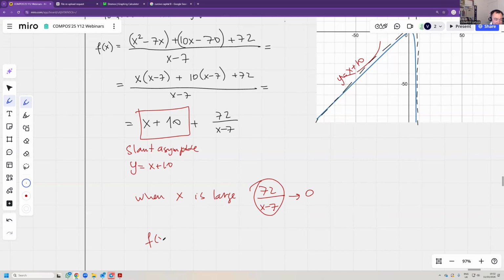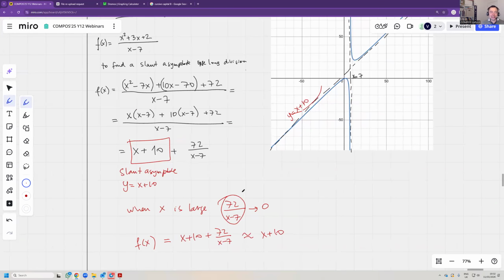So f of x, which is x plus 10 plus 72 over x minus 7, is approximately the same as x plus 10. That's why it's a slant asymptote. This is the easiest way to talk about slant asymptotes.